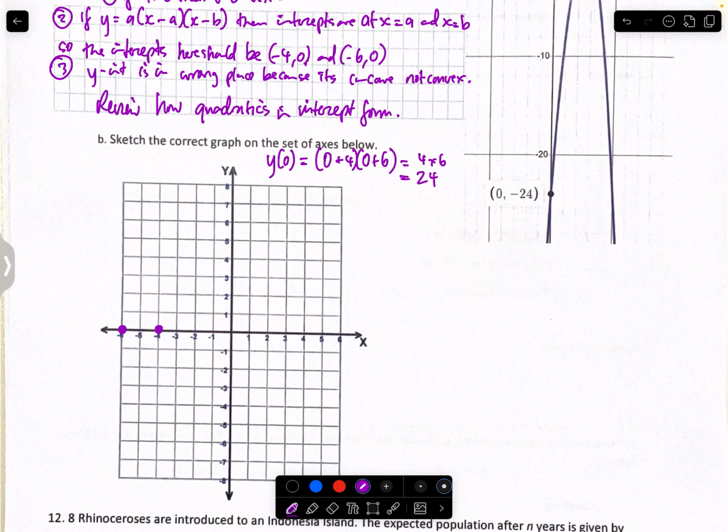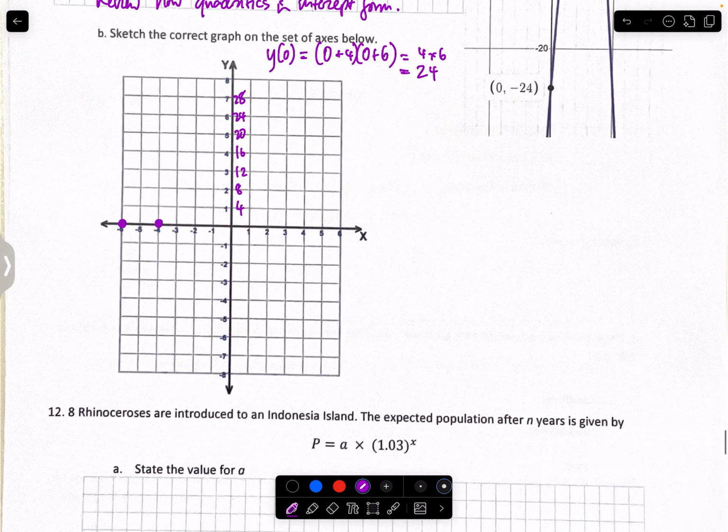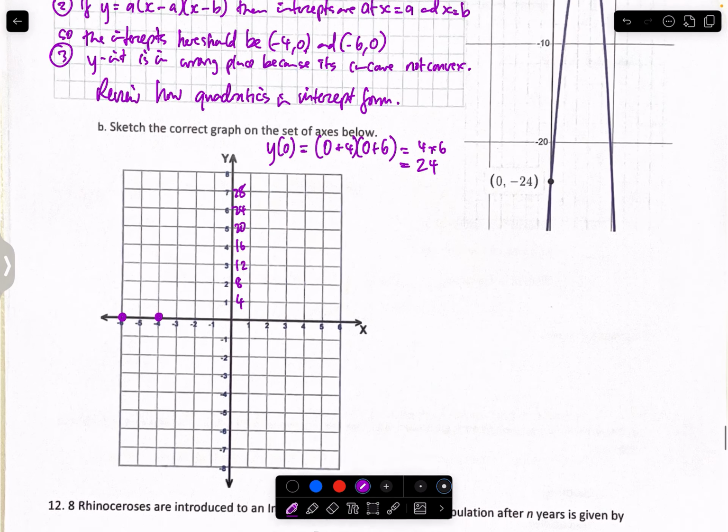This scale on the y-axis is not going to work. I need to go up by 4s, so 4, 8, 12, 16, 20, 24, 28. Where is the vertex going to be?